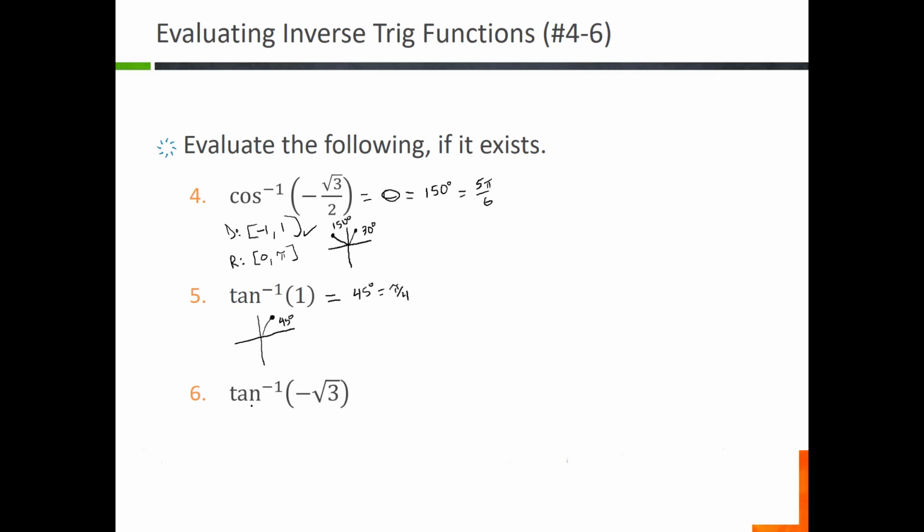And then lastly, what is inverse tangent of a -√3? Well, again, we need to think of this in terms of the unit circle. We want to figure out the angle for an inverse tangent. How do we figure out what the inverse tangent is?